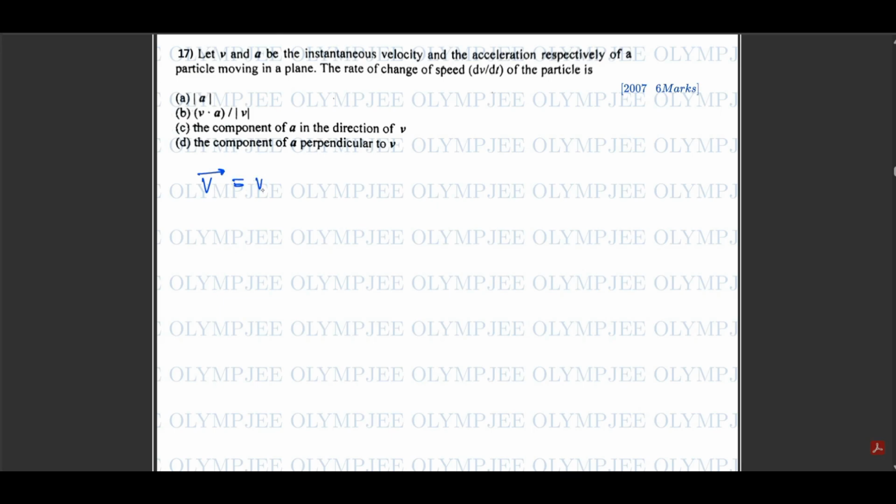So velocity can be broken down into two components. And speed is given by the magnitude of this velocity, which is vx square plus vy square plus 2vx dot vy. And since x and y are perpendicular, this becomes 0.